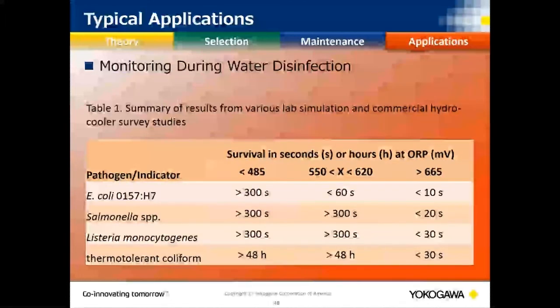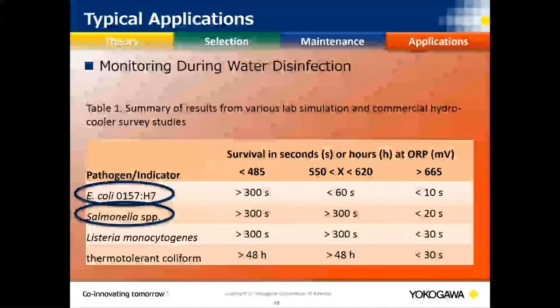Another one that we have seen for ORP is water disinfectants. Similar to biocide control, ORP can be used in the disinfection of the water. It's normally a critical step in minimizing the potential transmission of different pathogens.